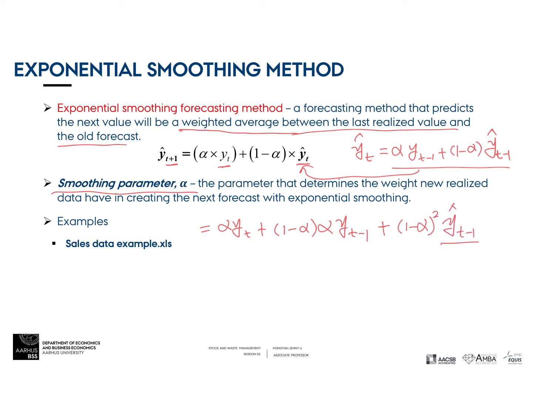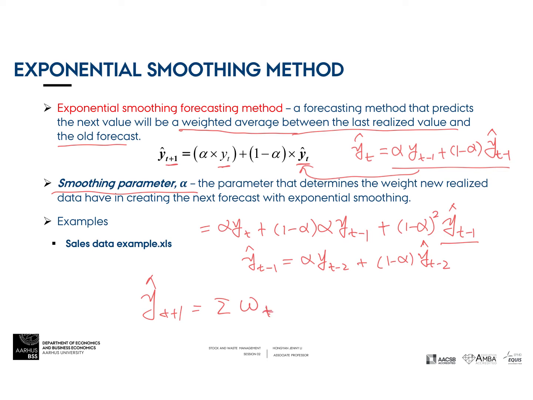And then of course you can continue to expand y_(t-1) equals alpha y_(t-2) plus (1 minus alpha) times the estimated y_(t-2). Then you can just expand this formula for the y_(t+1) estimate. Basically it is a weighted sum, and the value of the weight is related to alpha.